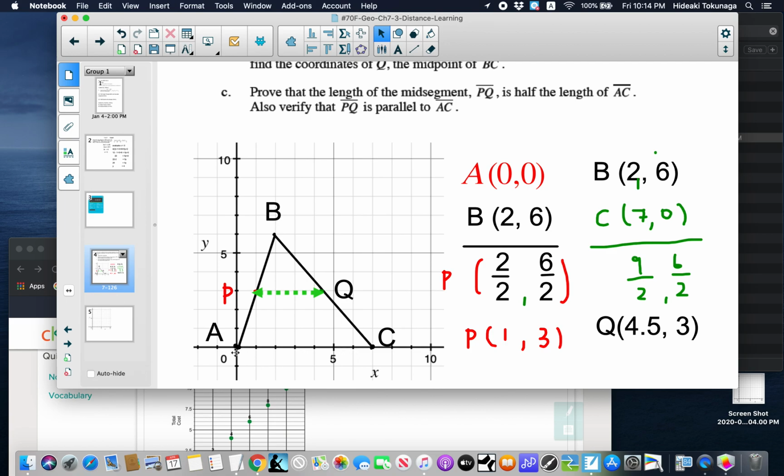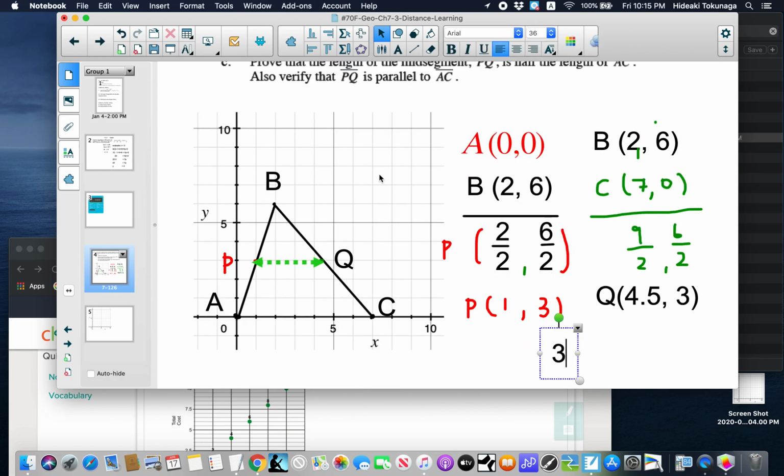A and C is from 7 to 0, so it's 7. Now compare P to Q on x coordinates: 4.5 minus 1 is 3.5.